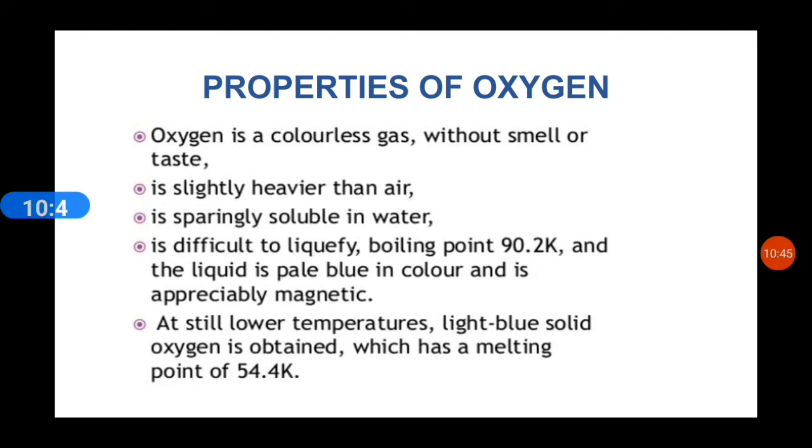It is sparingly soluble in water, and this helps aquatic life to survive in water. It is difficult to liquefy, boiling point 90.2 Kelvin, and the liquid is pale blue in color and appreciably magnetic. At still lower temperatures, light blue solid oxygen is obtained, which has a melting point of 54.4 Kelvin.